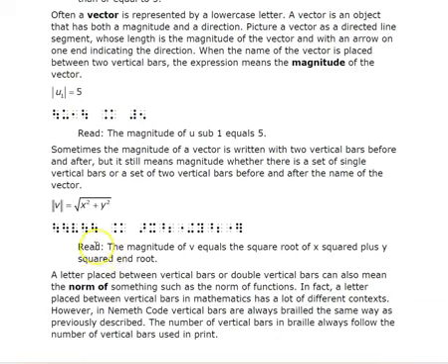So this says the magnitude of v equals the square root of x squared plus y squared end root. Okay, so we have double vertical lines, OU, OU, then we have the letter V. We have the double vertical lines, which is OU, OU, base equals base.